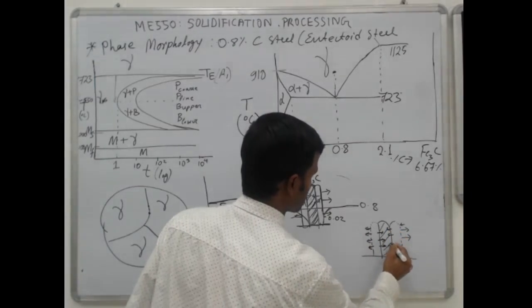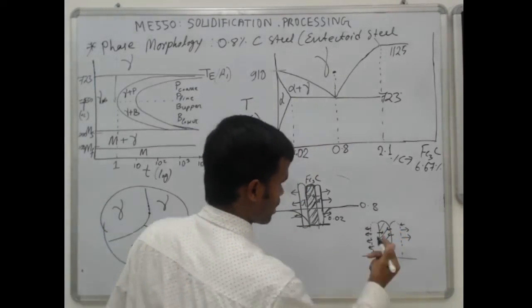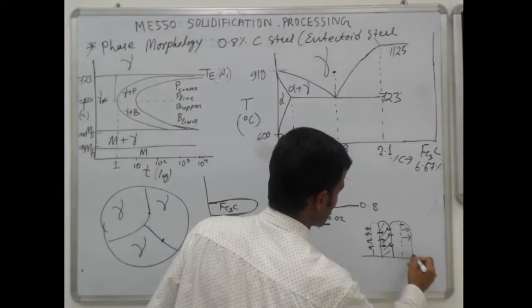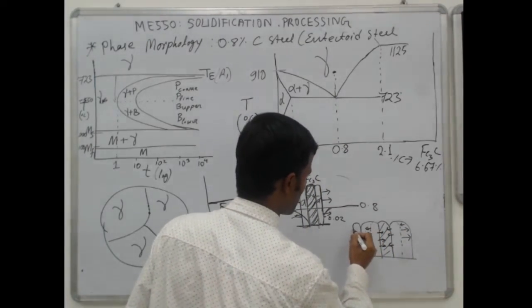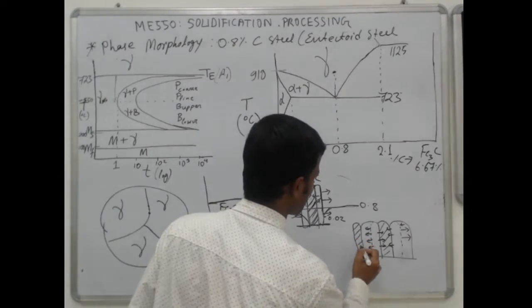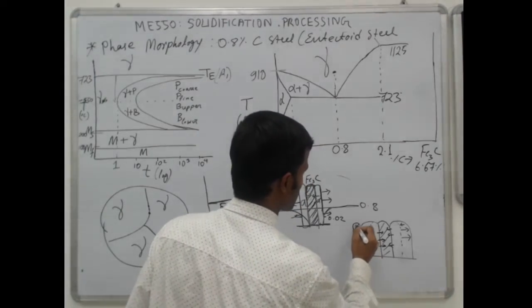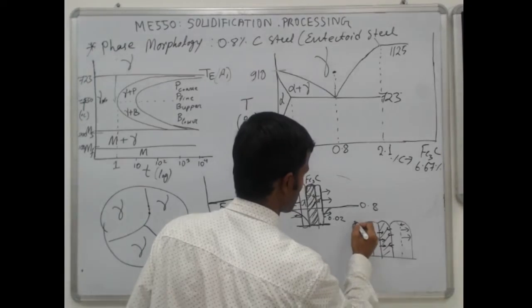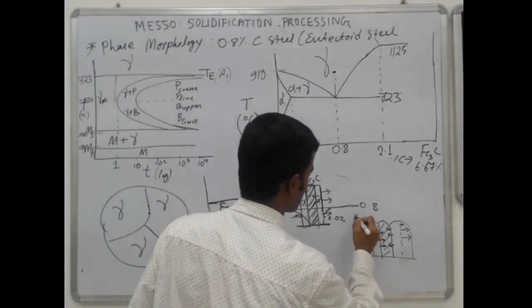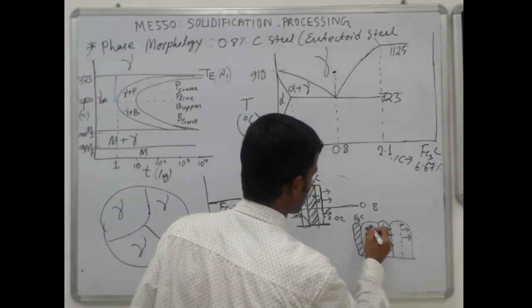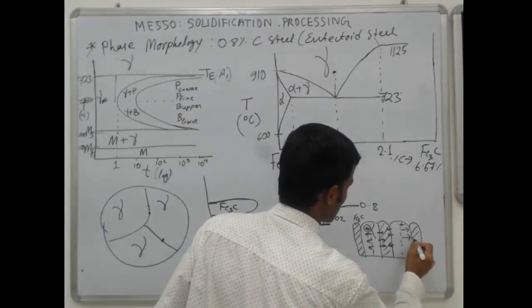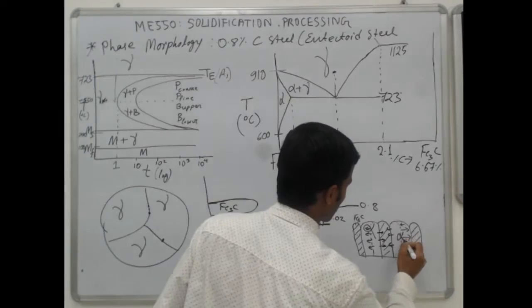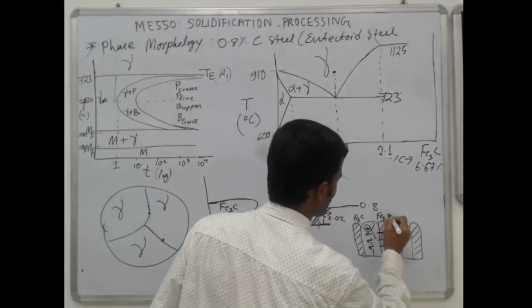Now it will become bigger, but the material just next to it will become rich in carbon, so the carbon percentage will again increase. Here it will become Fe3C again, here alpha, and here another Fe3C phase.